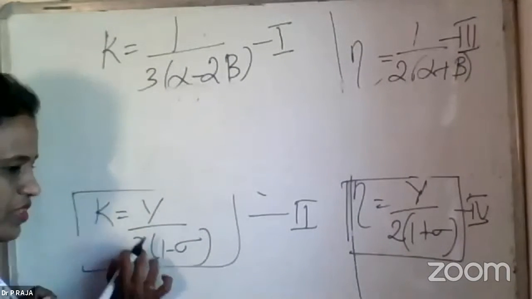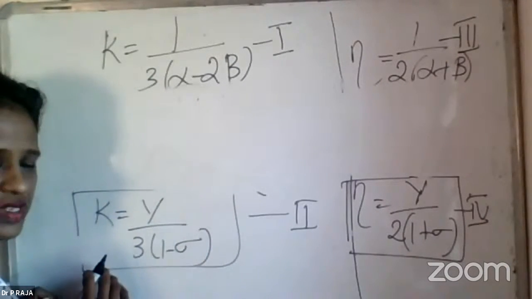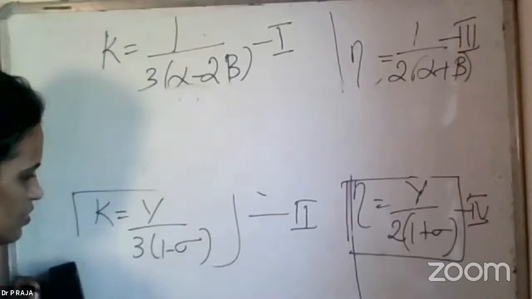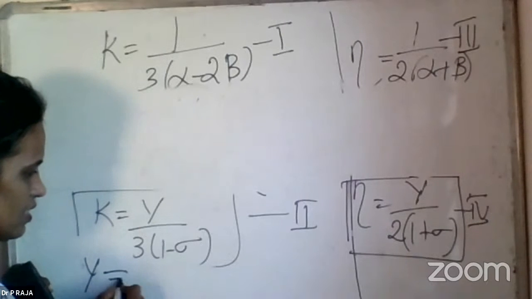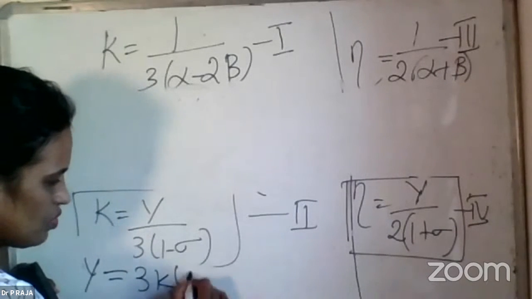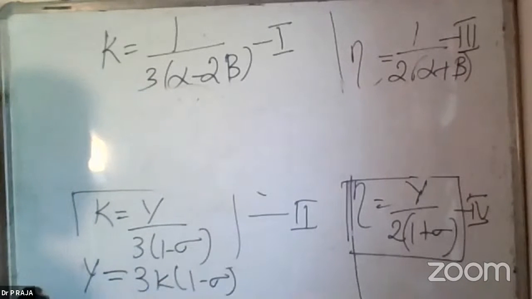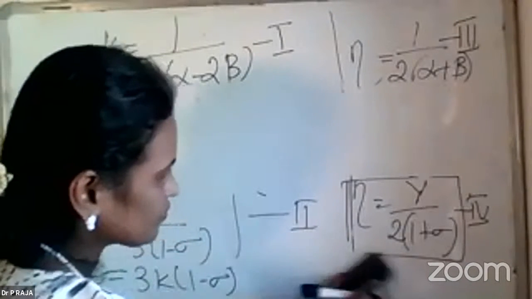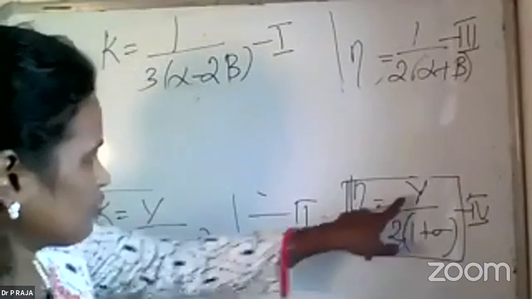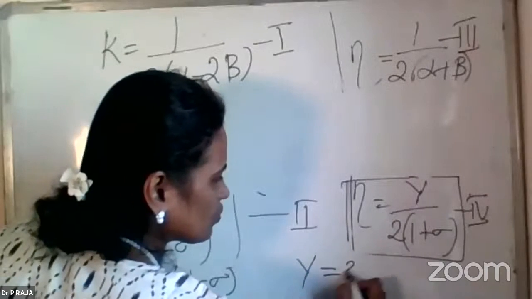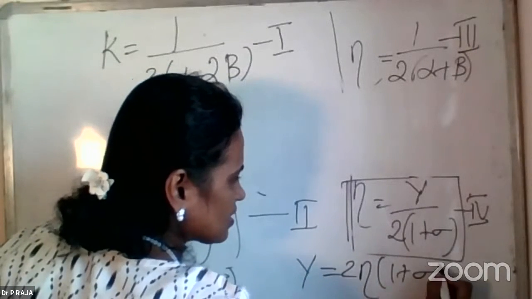Okay, so can we write this equation in terms of Young's modulus? In terms of Young's modulus, I can write this equation as Y is equal to 3K into 1 minus sigma. So from equation 2, I'm getting this, and also from equation 4, Y is equal to 2 into eta into 1 plus sigma.